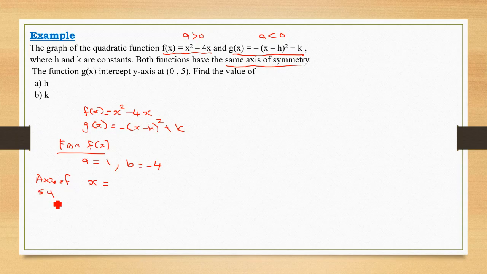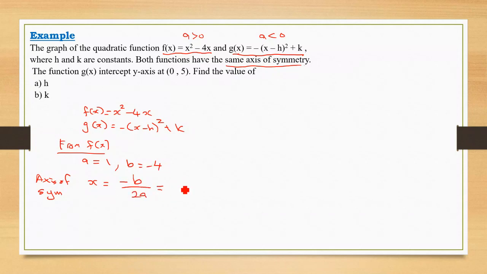You might use completing the square. Some schools might have taught this. The formula is very easy. You just remember the formula negative b over 2a. This formula is found from your quadratic formula when b squared minus 4ac is 0. So from here, just put it in.